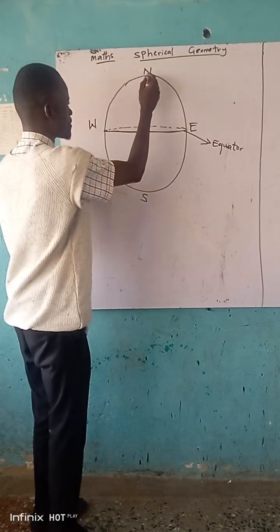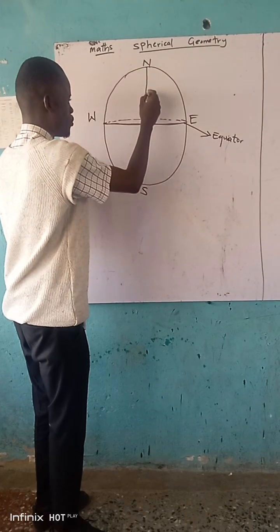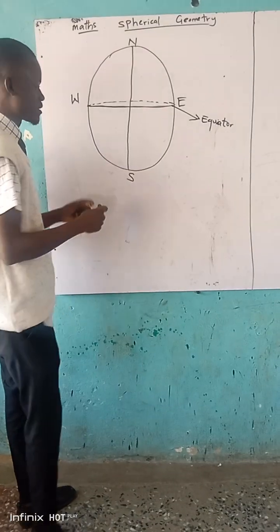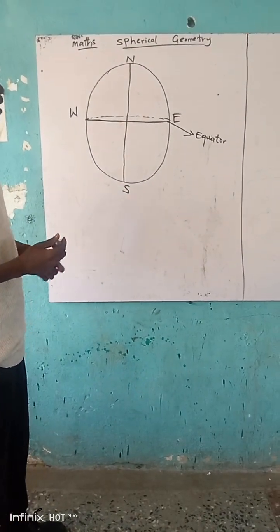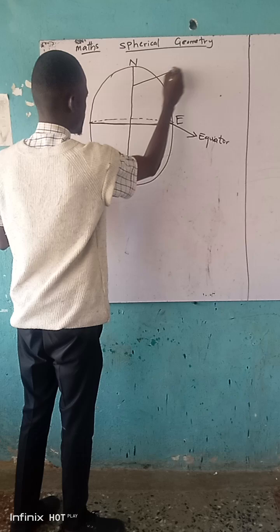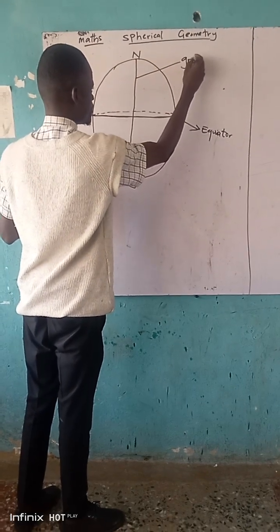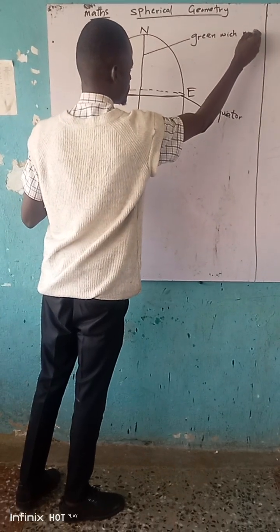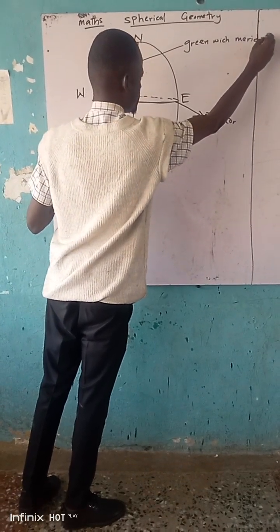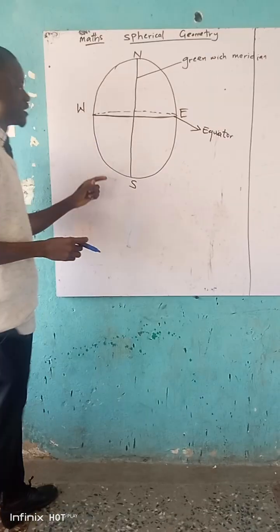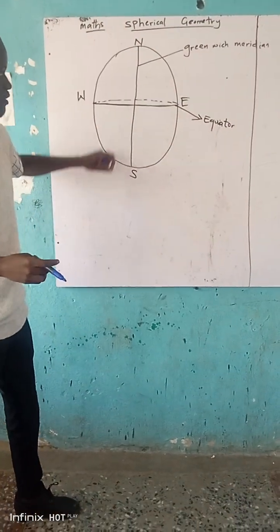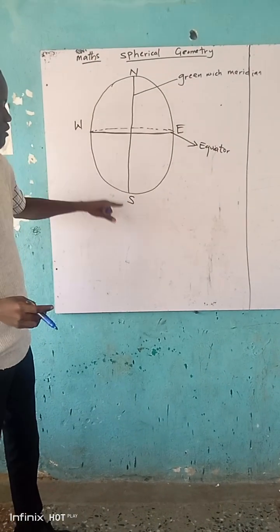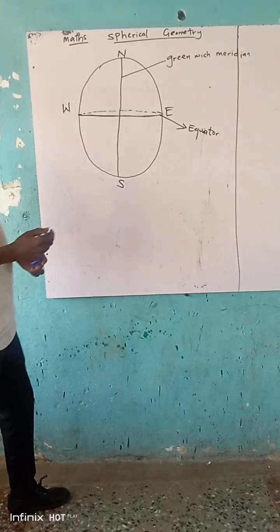Now from the north running down to the south, we also have a line that divides the globe, and we call this other line the Greenwich meridian. That's the line that divides the world into two equal parts, from the north running down to the south.